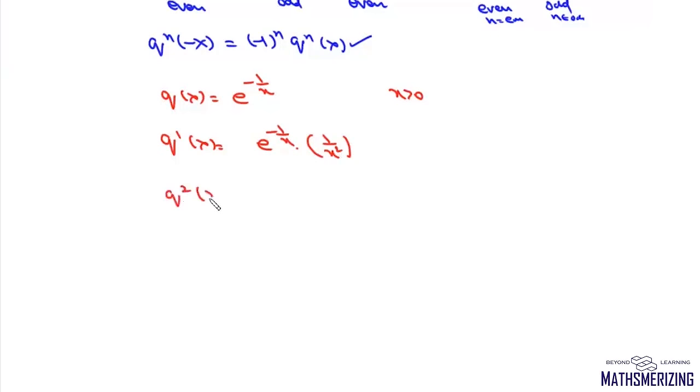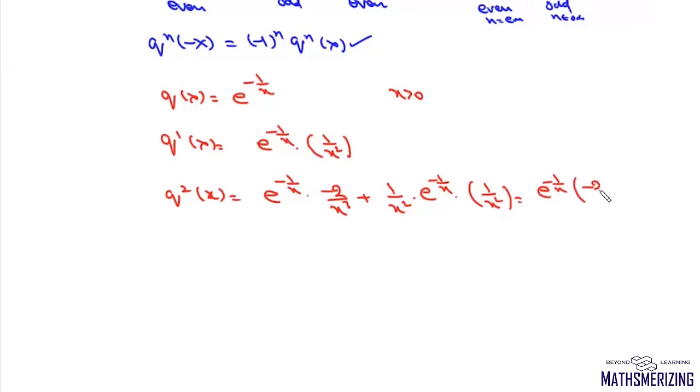Now we find q''(x) will be e to the power minus 1 by x times minus 2 upon x cube, plus 1 upon x square times e to the power minus 1 by x times 1 by x square, which is e to the power minus 1 by x times (minus 2 upon x cube plus 1 upon x to the power 4). Now we keep differentiating it. We can write q^(n)(x) will be of the form e to the power minus 1 by x and then some polynomial expression of 1 by x.